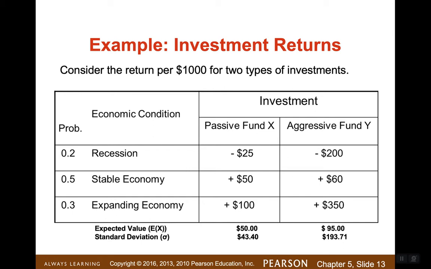So we would likely make money on it, but we may or may not necessarily make a lot of money. Whereas with the aggressive fund, I could potentially make almost double the expected value. But the variance, as we can see here, is much higher.